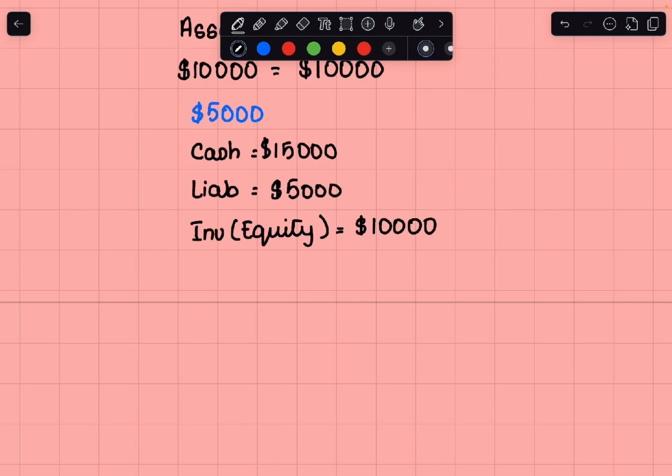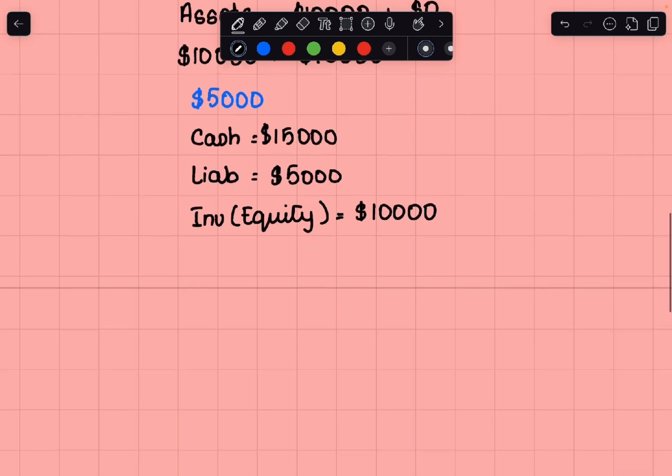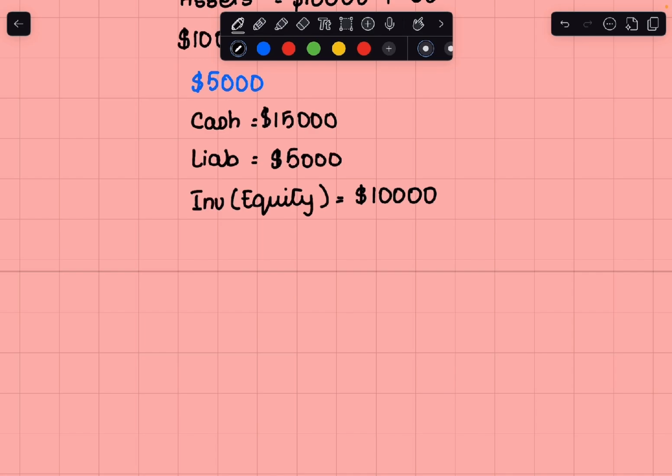Now let's see if everything balances out. Now putting everything back into the same equation which we have been using, we can say that assets for us are now equal to the liability of 5,000 which we got from the bank, plus the equity which you have put in your investment from your savings at 10,000.